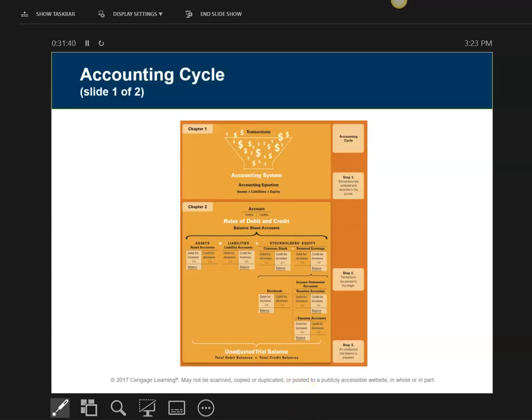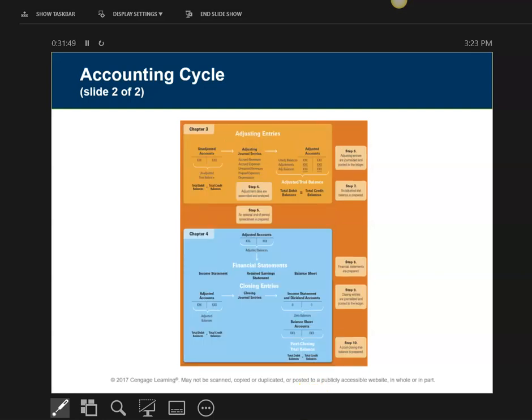So here's just kind of a little spreadsheet of everything that happened. It might be good to help you if you need to take a look at this. And then here's the second half of that.